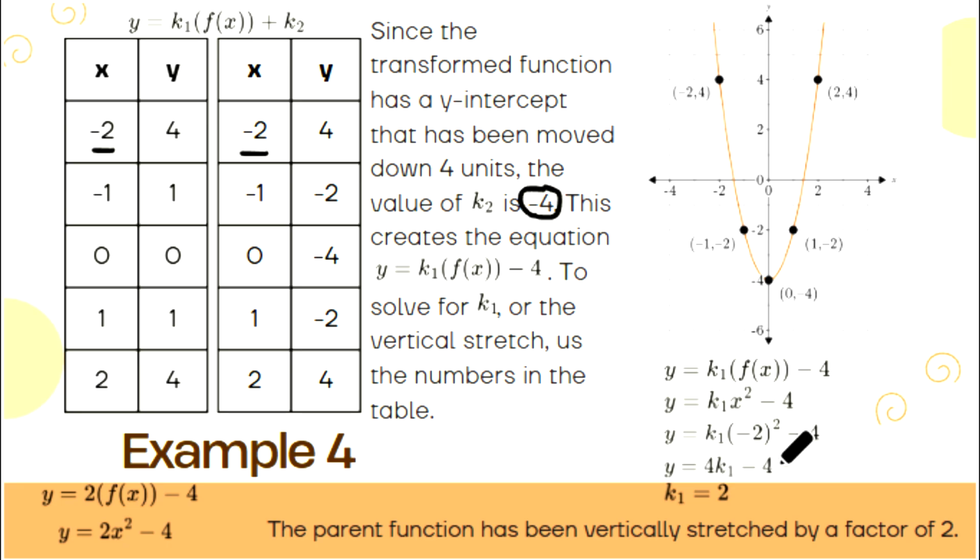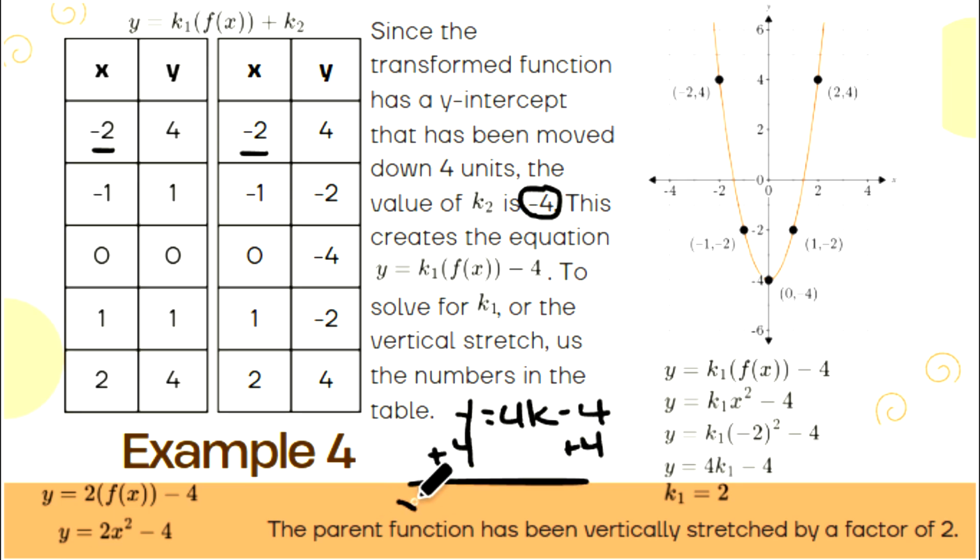We're still trying to get k1 by itself, okay? So what we're going to do is divide both sides. Oh, I guess let's see if I can figure this out. Y equals 4, I'm just going to put 1k because I'm bad at writing, minus 4. Let's add 4 and add 4. I think they just skipped a step.